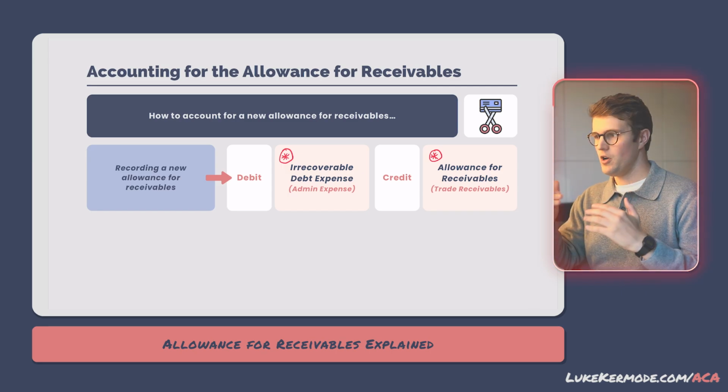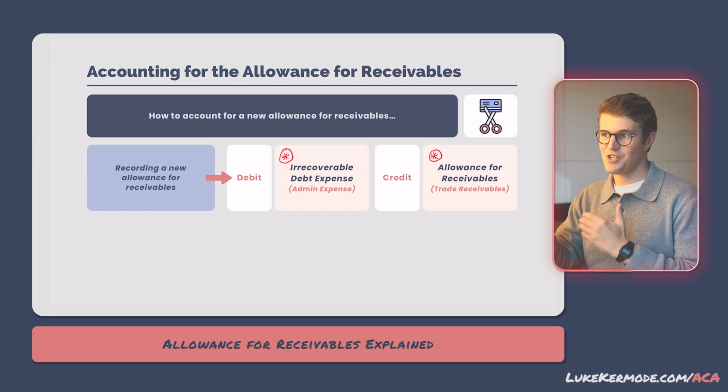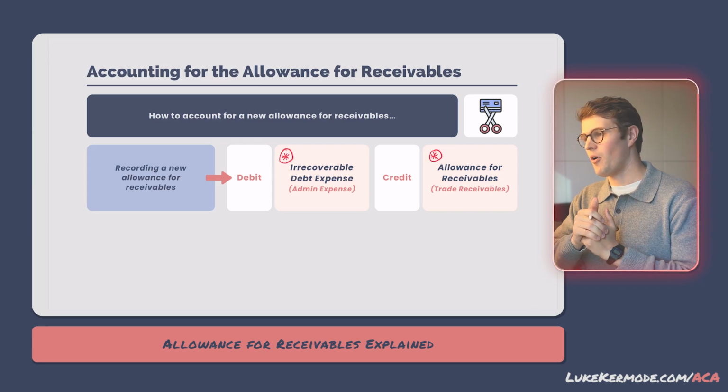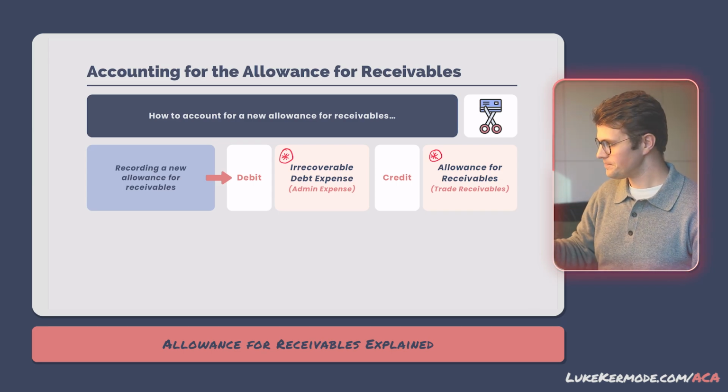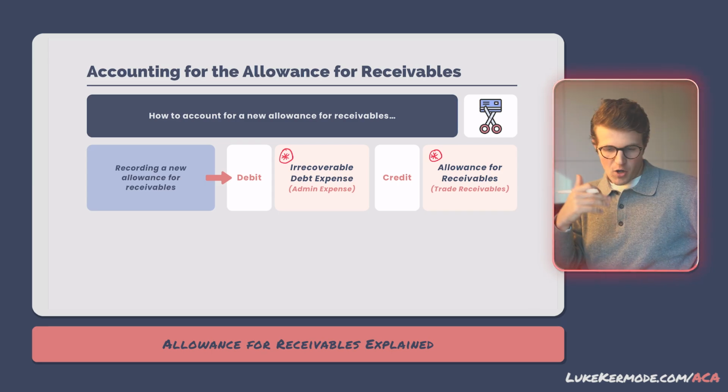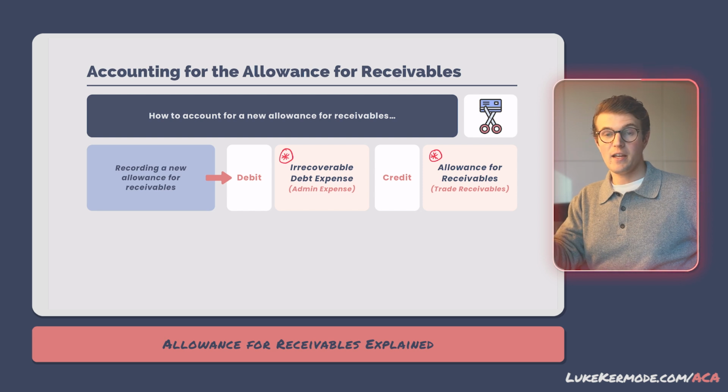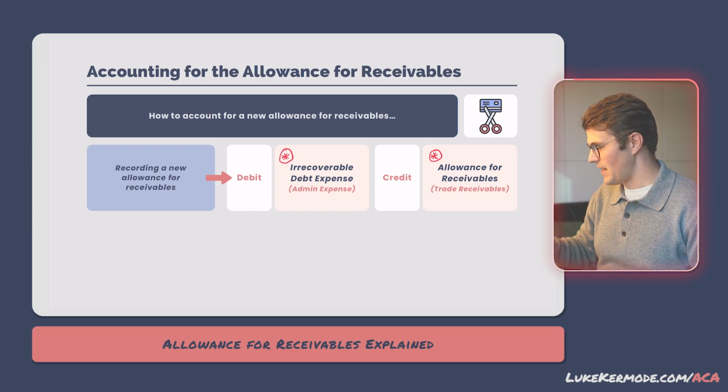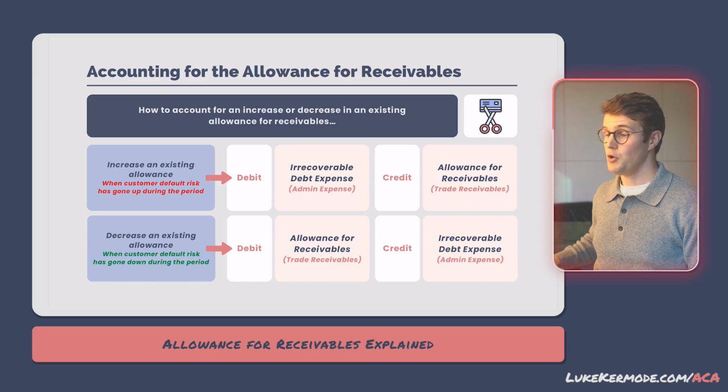So this gives a much more realistic view of how much the business actually expects to collect from its trade receivables. So to summarize, the expense goes through the income statement while the allowance reduces the trade receivables figure on the balance sheet. So this makes both financial statements more reflective of expected future outcomes.